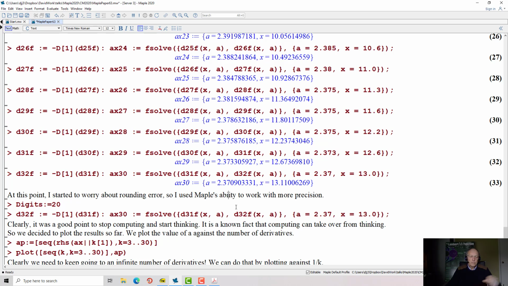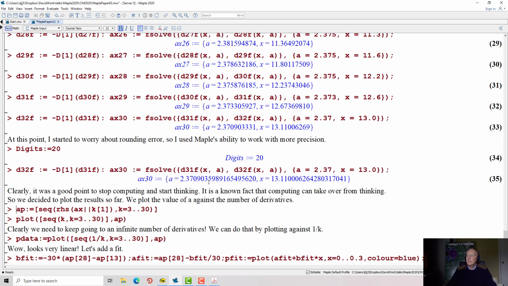It seems to be a problem for me to spell the word ability. I use Maple's ability to work with more precision. And now I can repeat the same calculation at the higher working precision. So the good news is, even with 30 derivatives, we've only lost 3 digits out of 10. So it seems that fsolve is relatively stable.